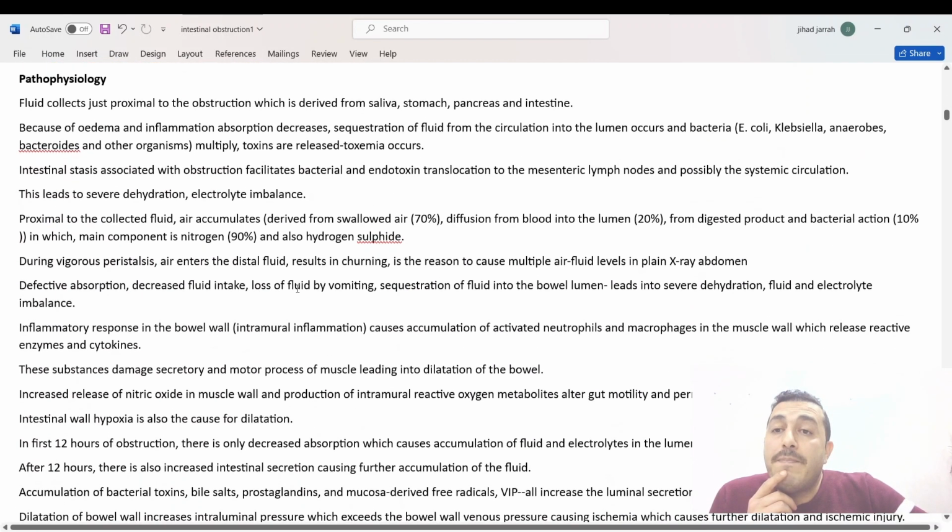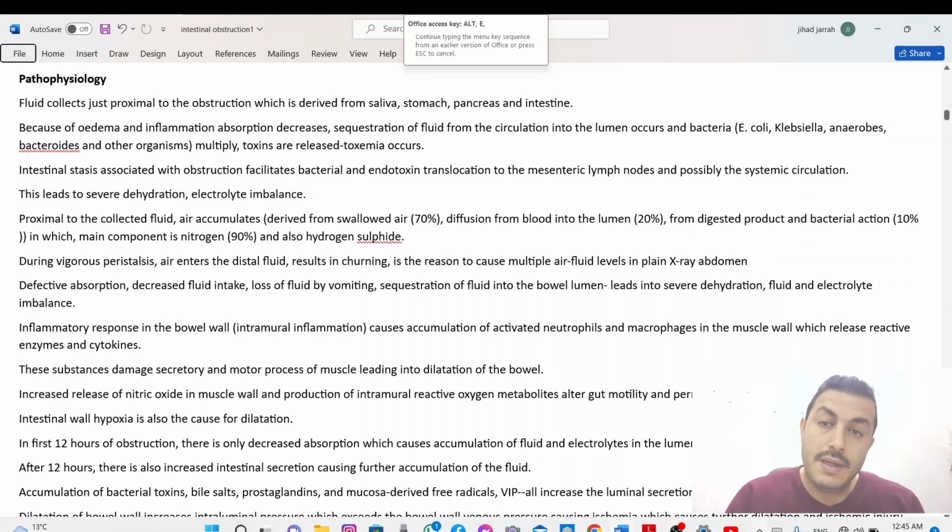If we are talking about the pathophysiology, let's move a little bit to the pathophysiology. At the beginning, the fluid that comes from the saliva, from the stomach, from the pancreas, from the duodenum, accumulates proximal to the site of the obstruction, whatever the obstruction is. And edema in the bowel wall happens, which also aggravates the malabsorptive function.